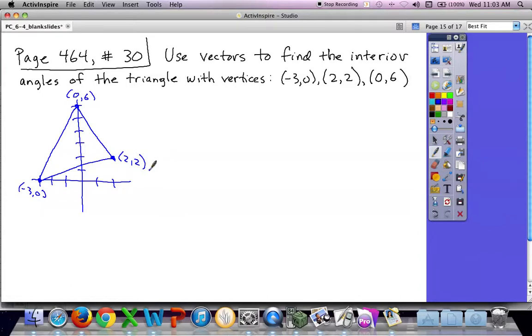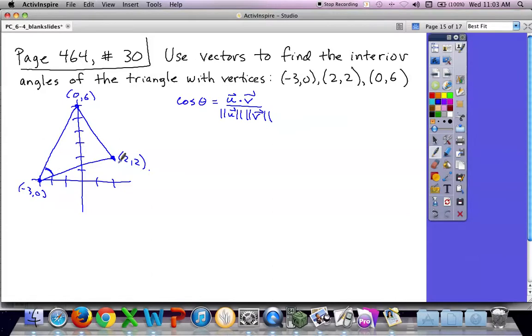If we are going to use vectors to find the interior angles, first of all, we are going to be using this formula: cosine of theta equals u dotted with v divided by the magnitude of u times the magnitude of v. So we need to know the vectors. For example, if I want to find this angle here, then I would need to know the vector that goes from (-3, 0) to (0, 6), and the vector that goes from (-3, 0) to (2, 2).